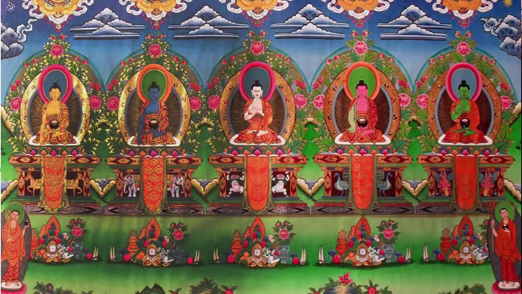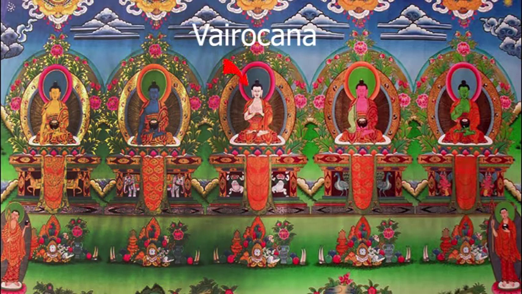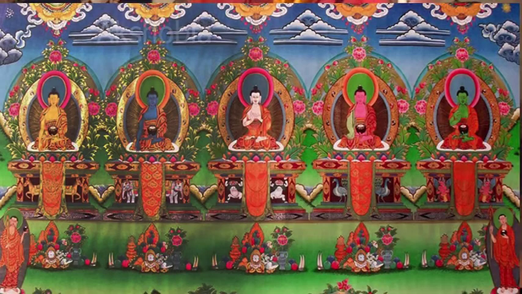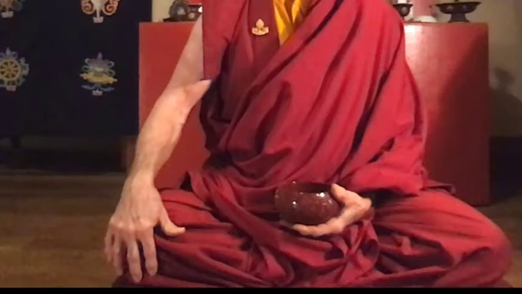They have different mudras in the five Buddha families. Vairocana, his mudra is turning the Dharma wheel, and so he has a mudra like this. Akshobhya has the earth-touching mudra, and so his hand is going to be like this on his knee, touching the throne that he is on.